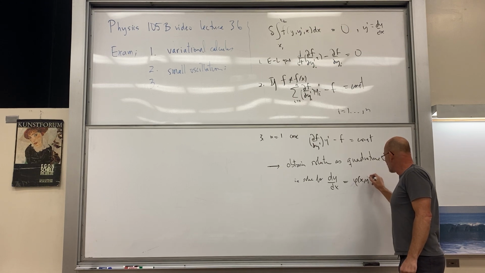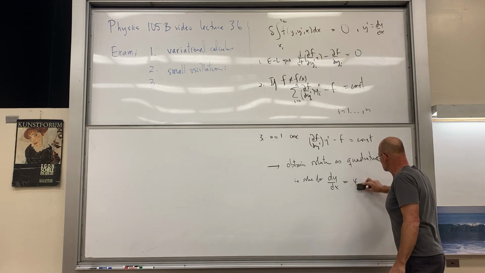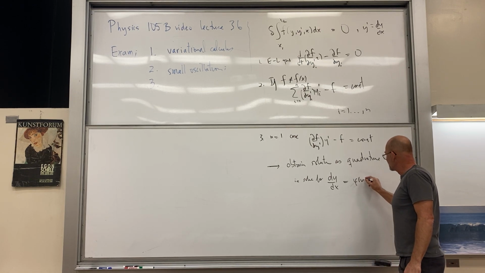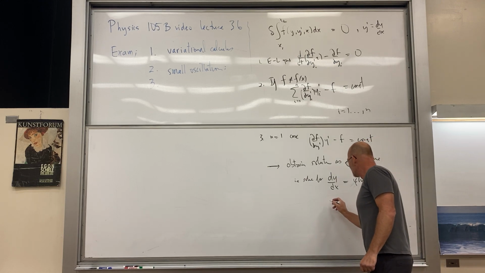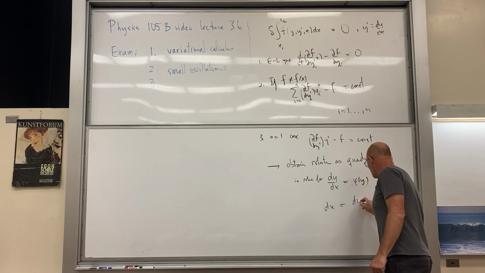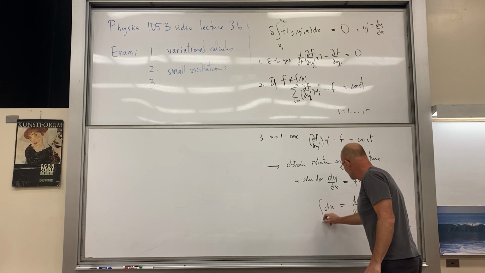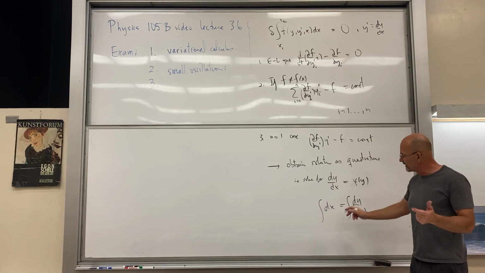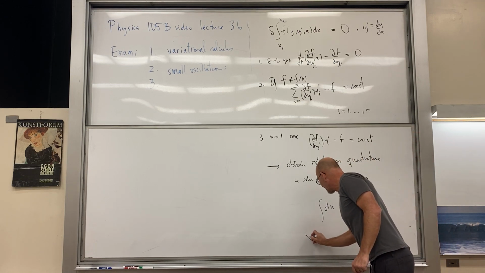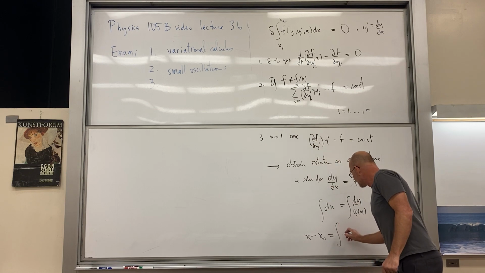Then dx equals dy over phi of y, and integrating both sides, you'd say, well, this is as far as I can get: x minus x0 equals this integral here.